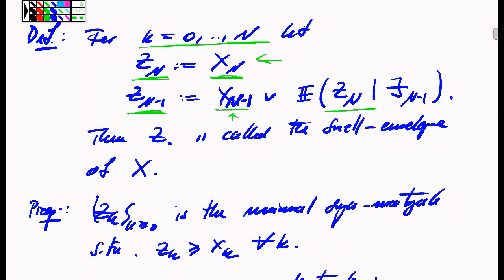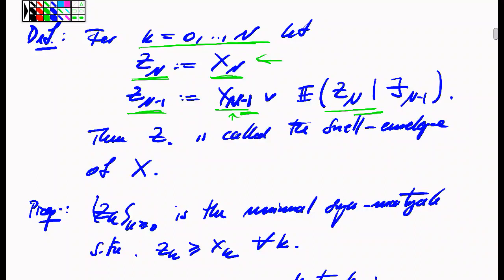So therefore we compare Xn minus 1 with the conditional expectation of the payoff that we can expect one moment of time later, but of course restricted to the information that we have today.